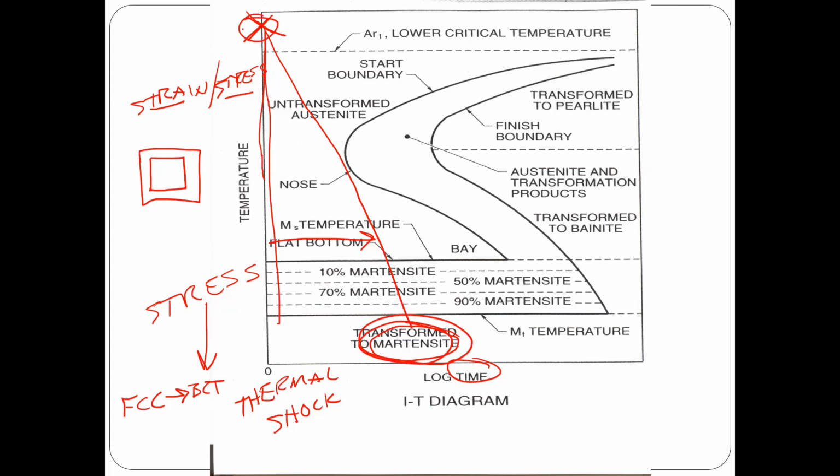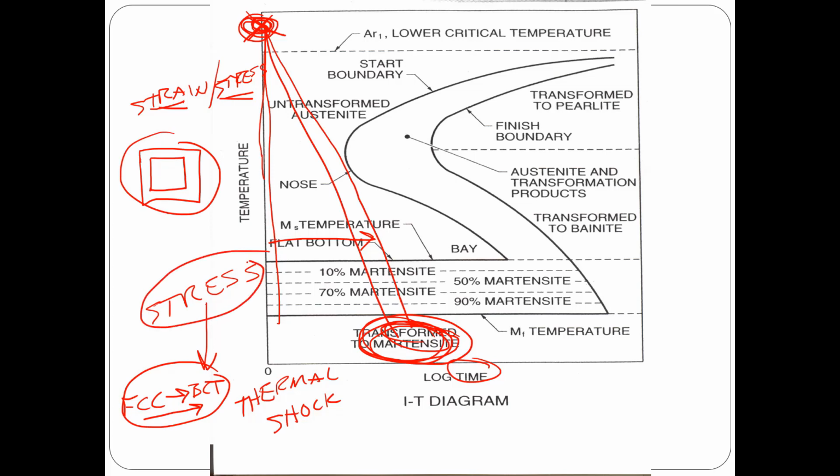So when I go from this up here, which is FCC, and I cool it down to my BCT down here, this right here is a change in crystal structure shape, which is strain, which has a stress associated with it. And this stress, my thermal stress, plus my dilation stress, is my total stress.